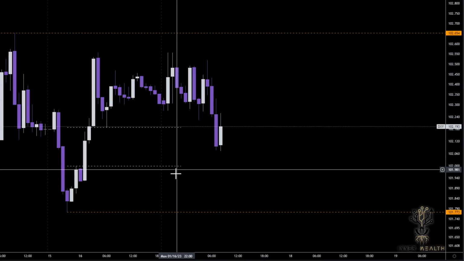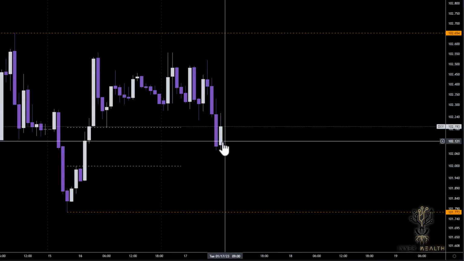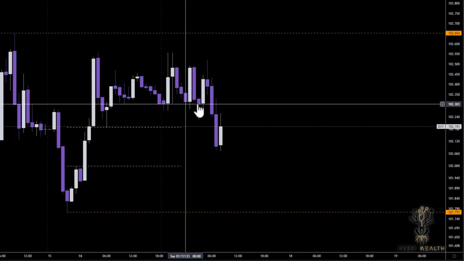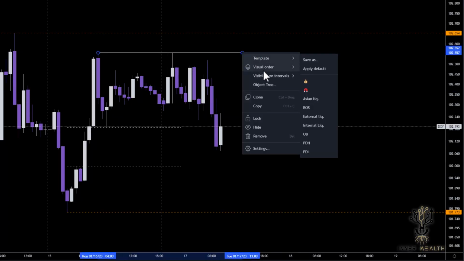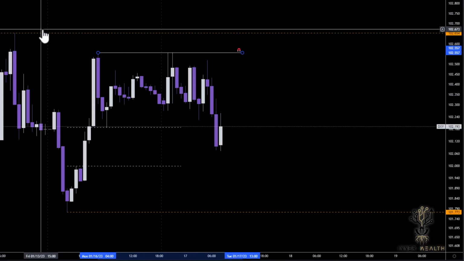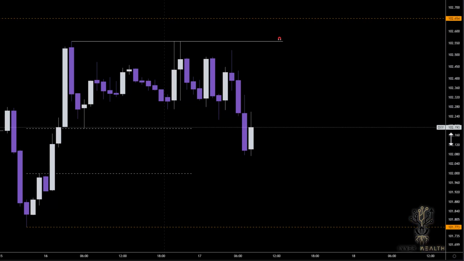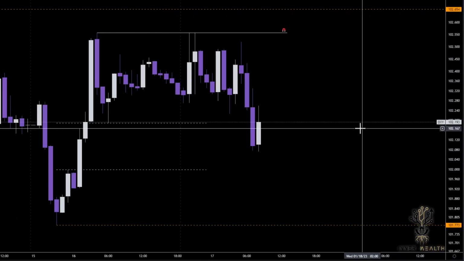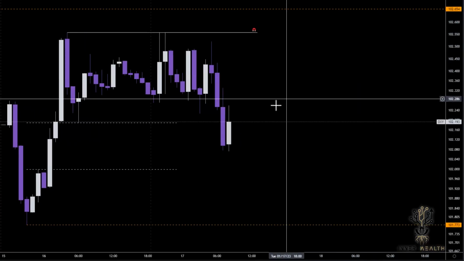So if I'm bullish, remember, if I'm bullish on the dollar, now I'm anticipating all of this liquidity to be taken and essentially that previous daily high. If I'm bullish on the dollar, I'm going to be bearish on GBP USD and Euro USD.